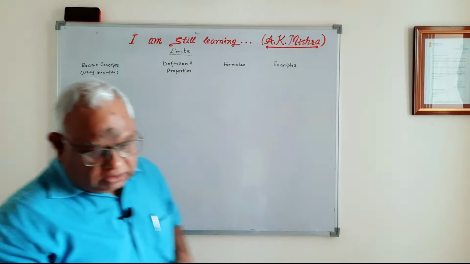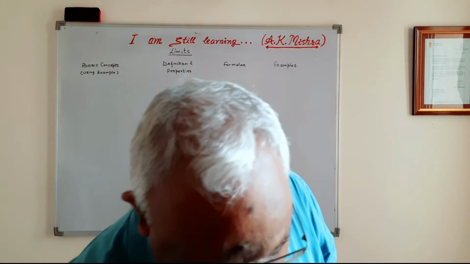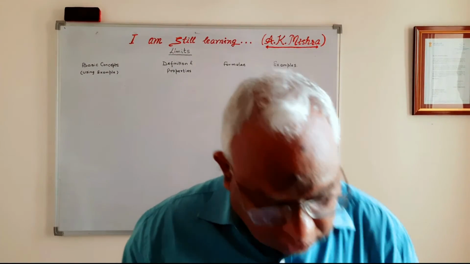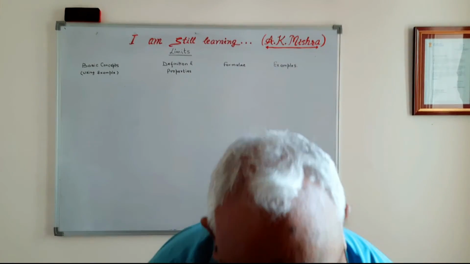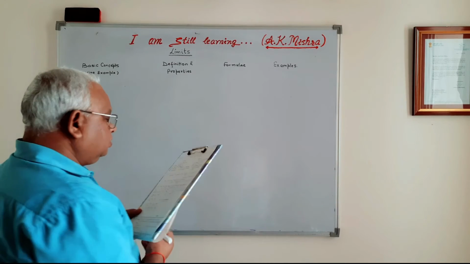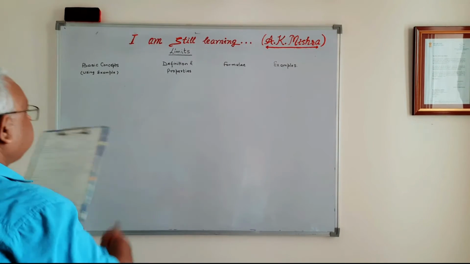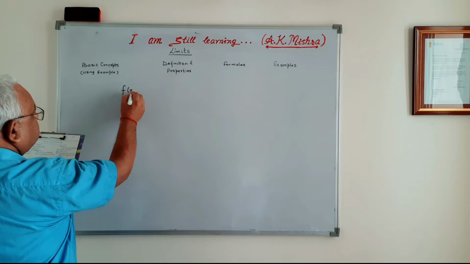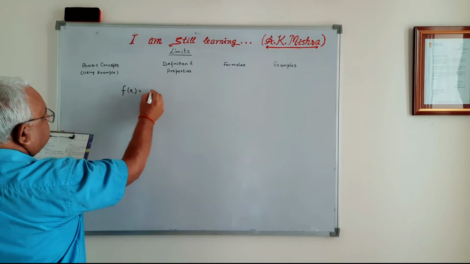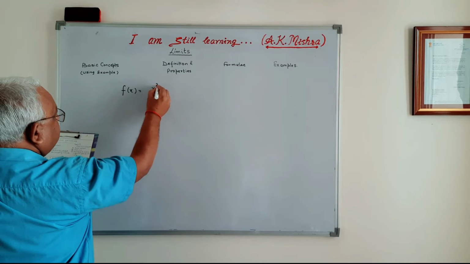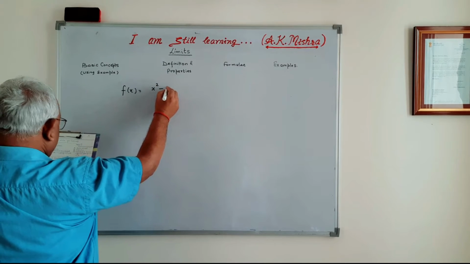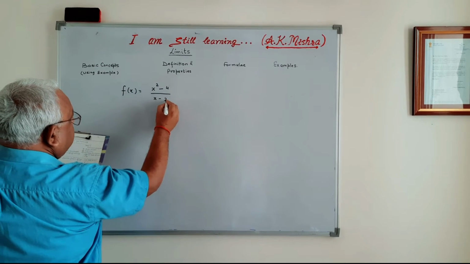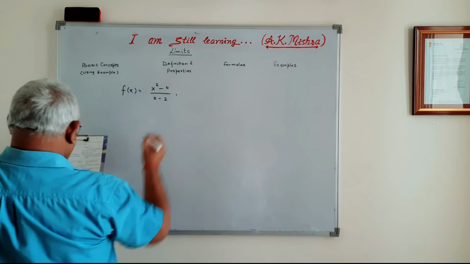To start with, I will be taking one example, which is f(x) equal to (x square minus 4) upon (x minus 2).